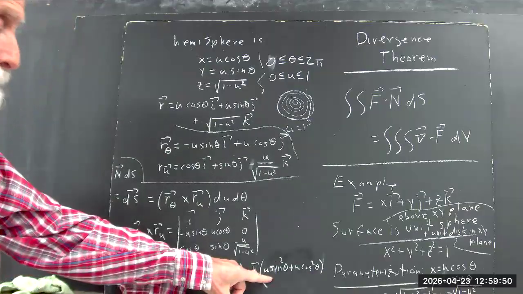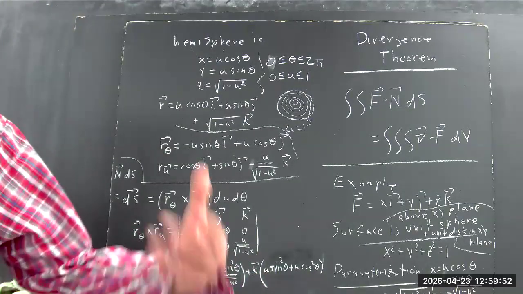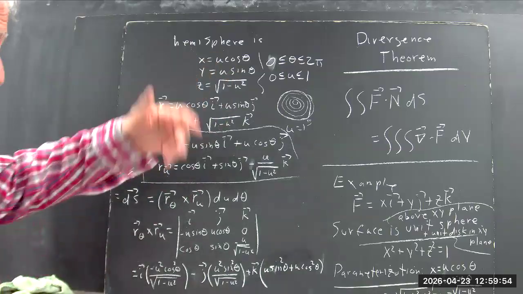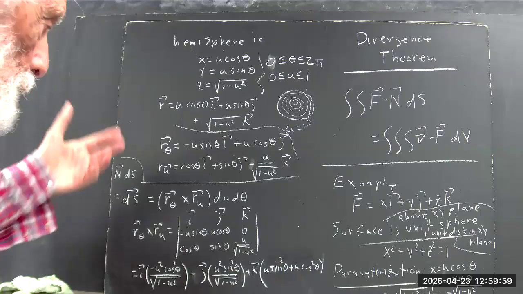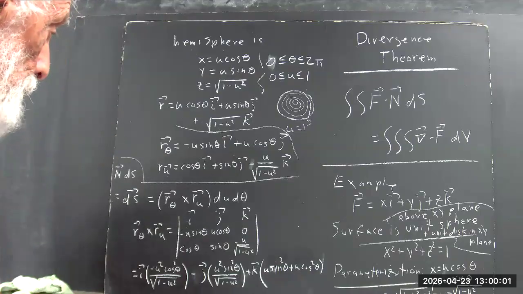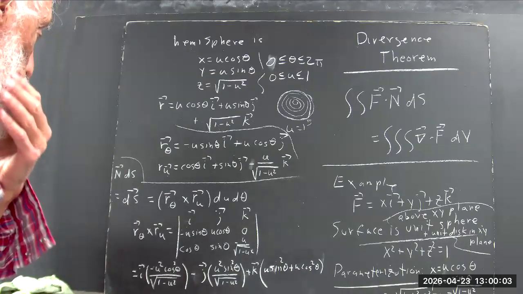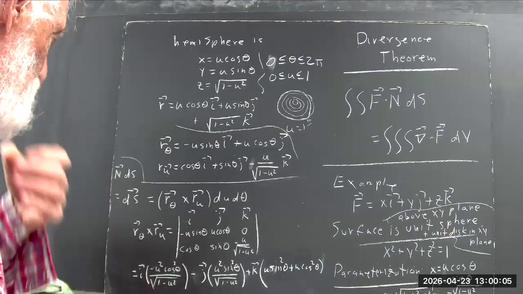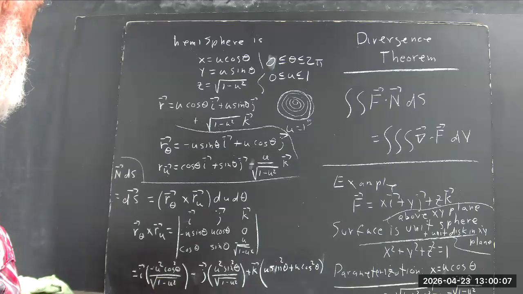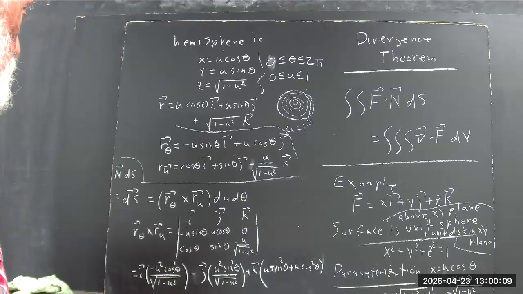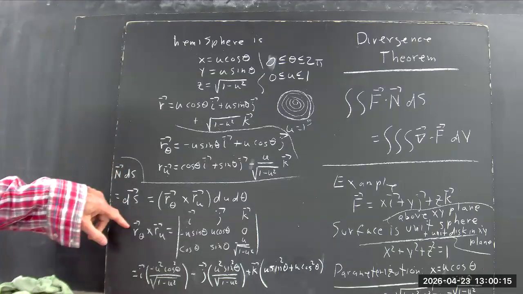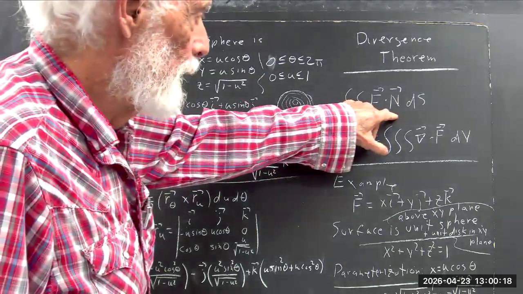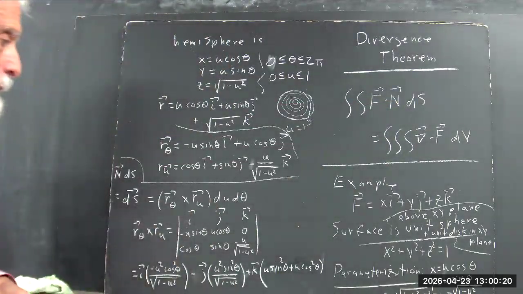And that's just u, as the cosine squared plus the sine squared. Factor it out, you get u times sine squared plus cosine squared, which is u times 1, which is just u. Okay, so there's your n dS in this integral F dot n dS.